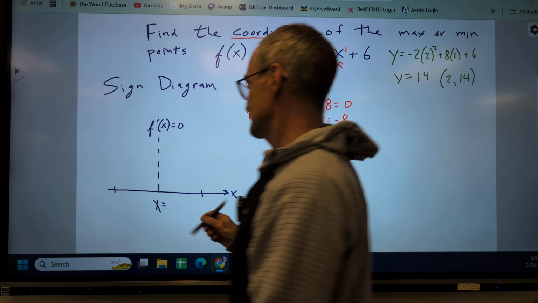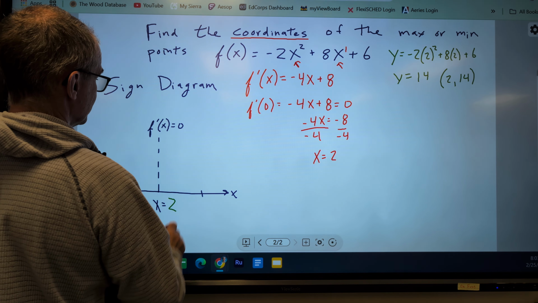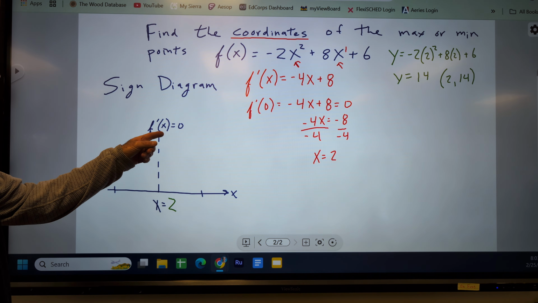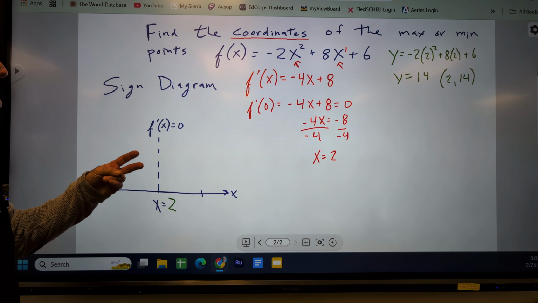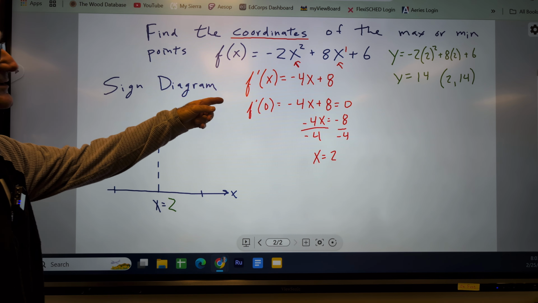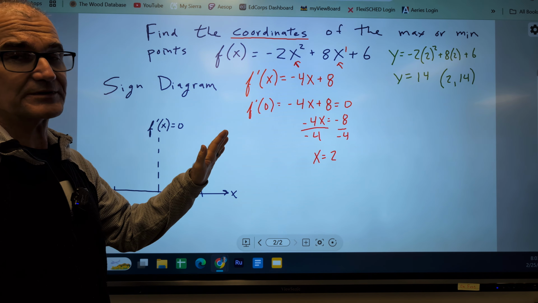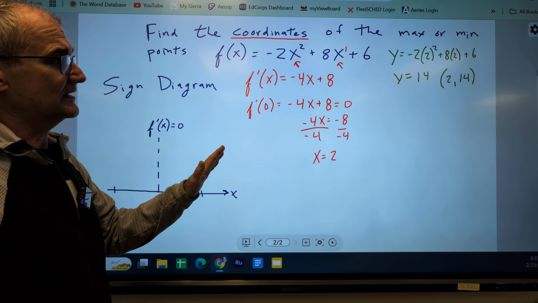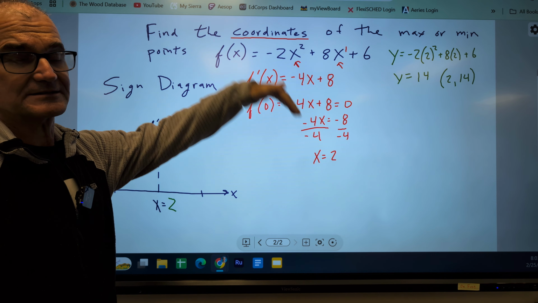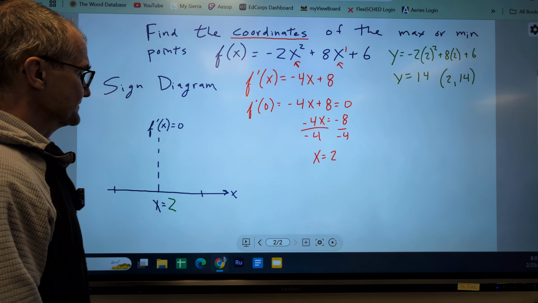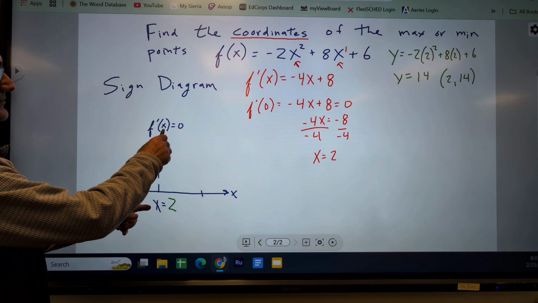So when x is equal to 2, my derivative is equal to 0. And now, remember there are two conditions. One is I set the derivative equal to 0 and solve. And then the slope has to be different on the way up to the max and on the way down from the max. So when x is equal to 2, my slope is 0.